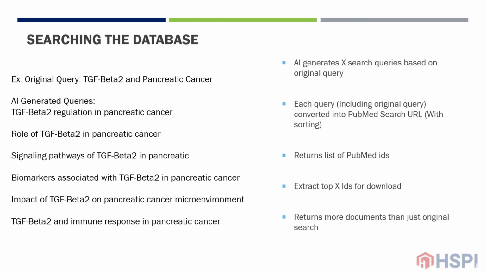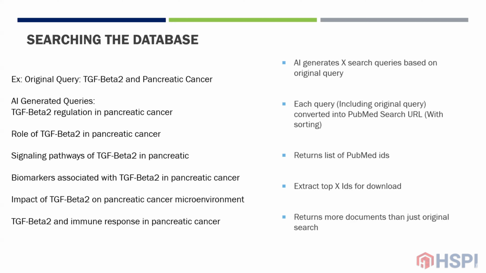For example, to see how you are exposing yourself to such a high number of documents, imagine you could set it to say top 50 IDs and 20 search queries, right? Sorting by both. Well, for the 50 IDs and 20 queries, that is a maximum of 1,000 documents.